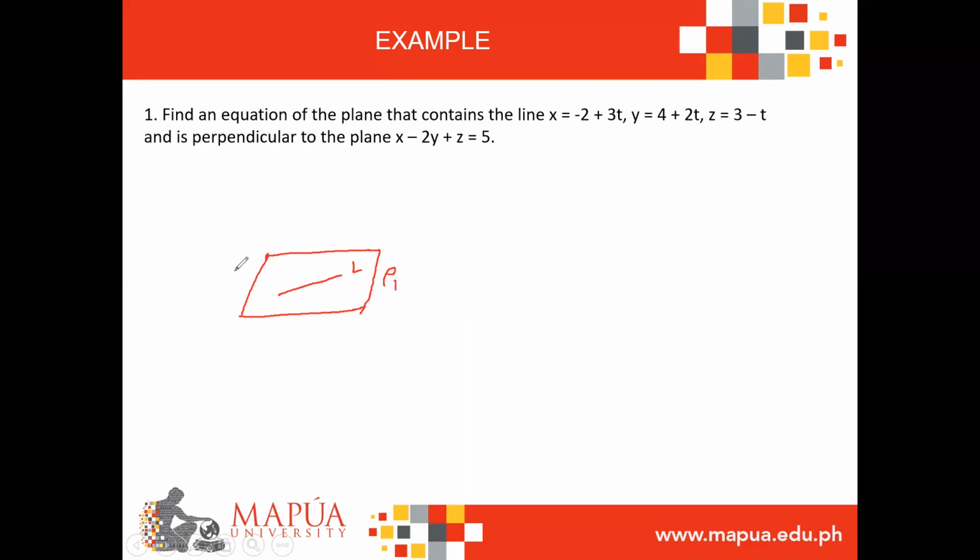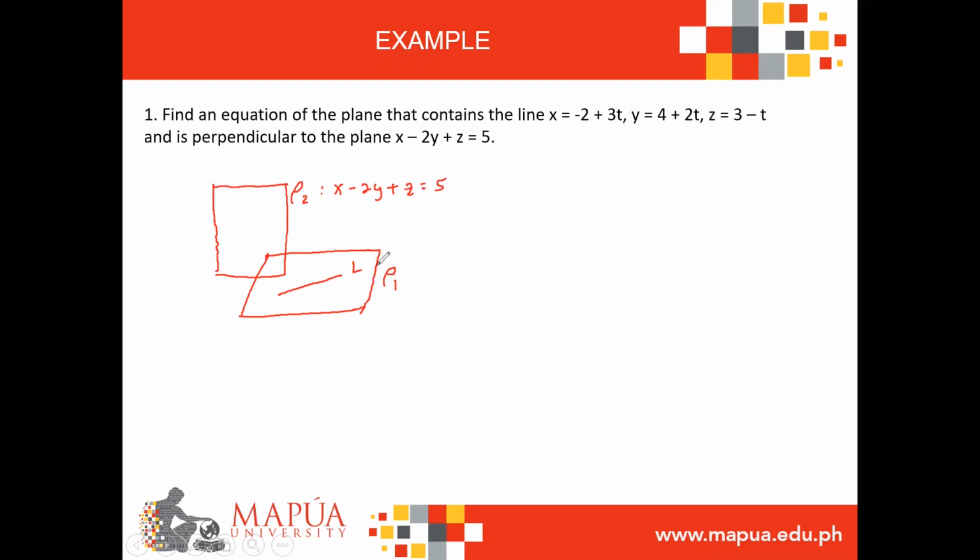So if we draw another plane perpendicular to plane 1, let us call this plane 2. With the following equation of plane 2, x minus 2y plus z is equal to 5.